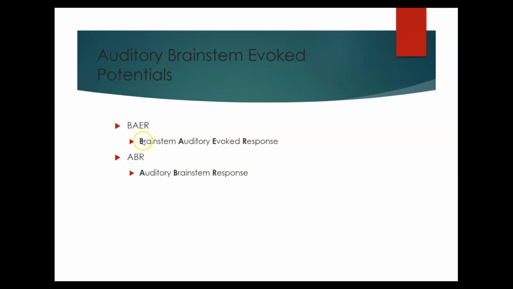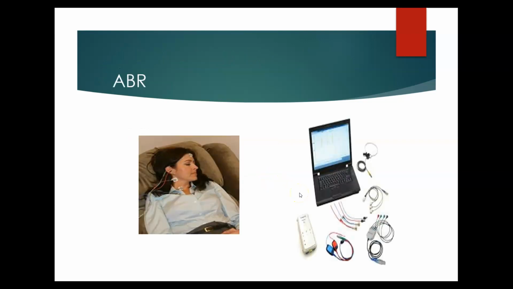The 2 that you see most commonly are BAER, which stands for brainstem auditory evoked response. But the most common is ABR, which is auditory brainstem response. And again, the auditory brainstem response is an early onset measure.